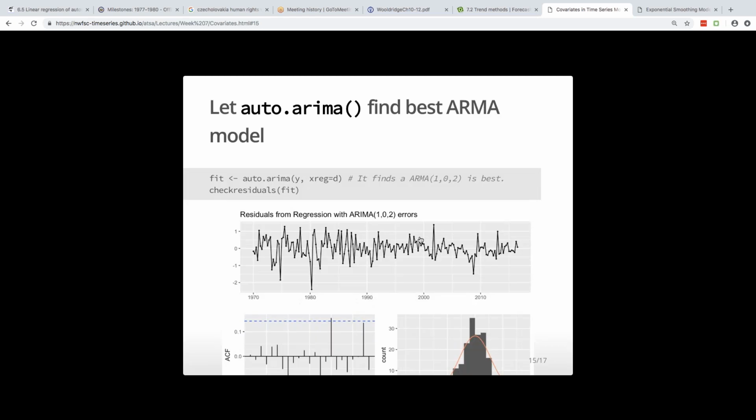We can let auto.arima find it, and it did better. It got rid of that short-term autocorrelation. The model chosen by auto.arima is the AR1 MA2, and again, that's for the residuals.